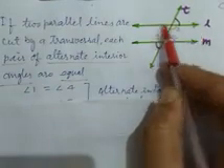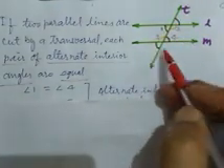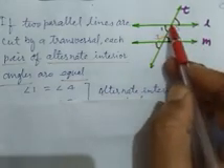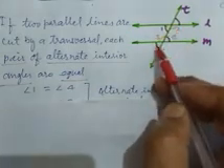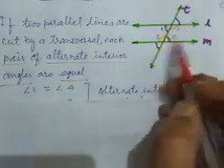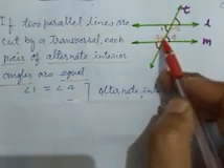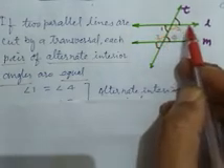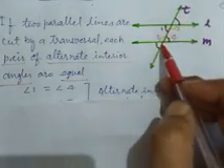Again here we check, these are two parallel lines and this is the transversal, it cuts these lines. Now here this is the opposite Z, inverted Z. So 2 and 3 are also alternate interior angles because they are on opposite sides of the transversal. They have a common arm.